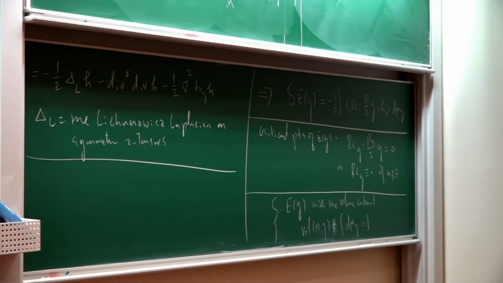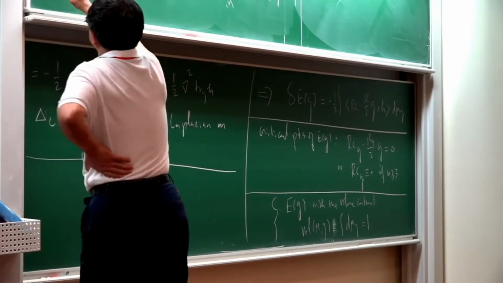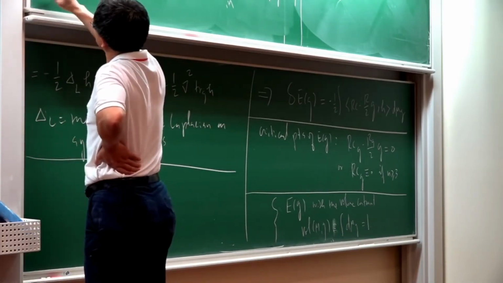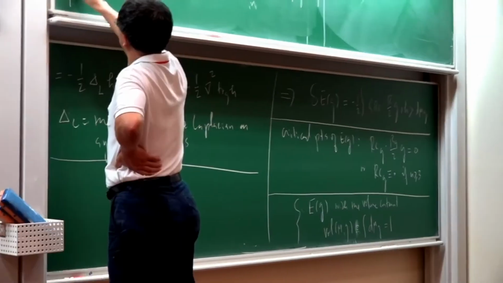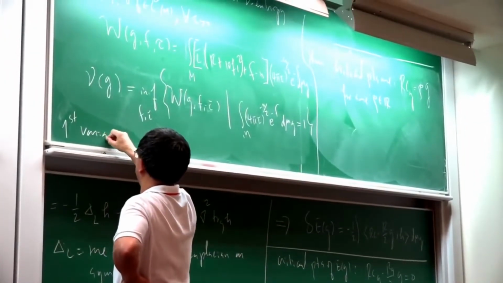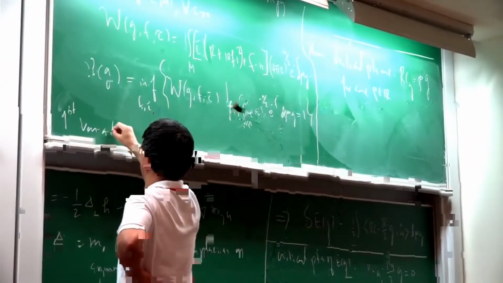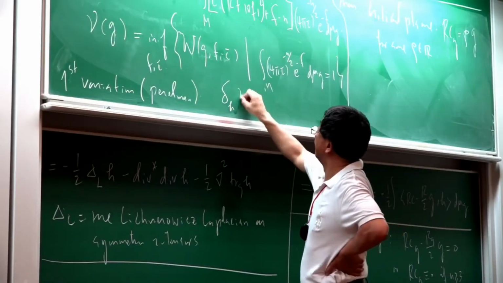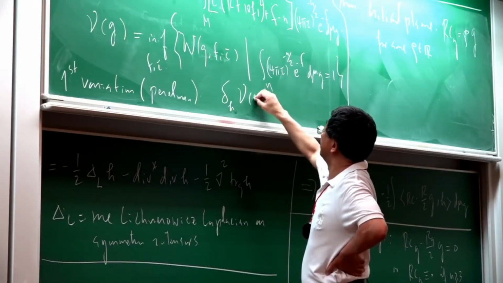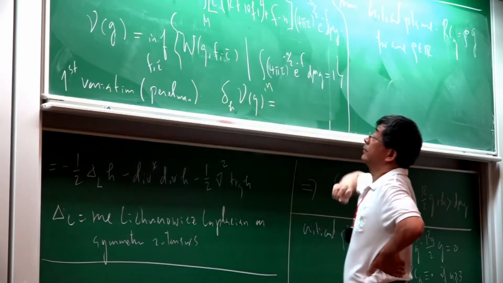And the first variation, what Perelman found is the variation of the metric g is h, and then the variation of this one is going.